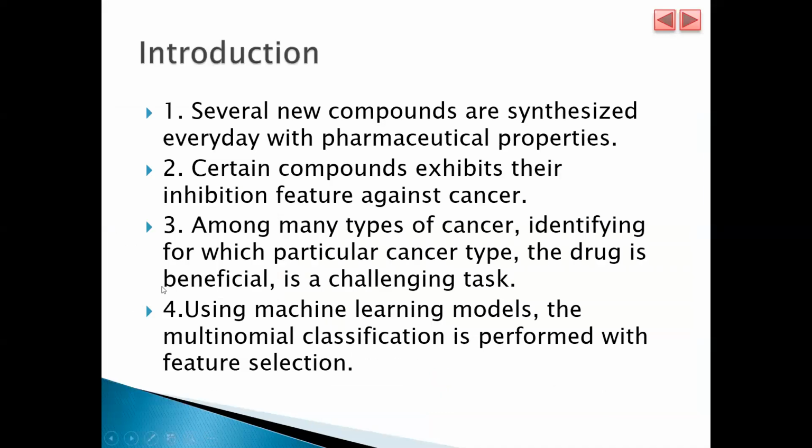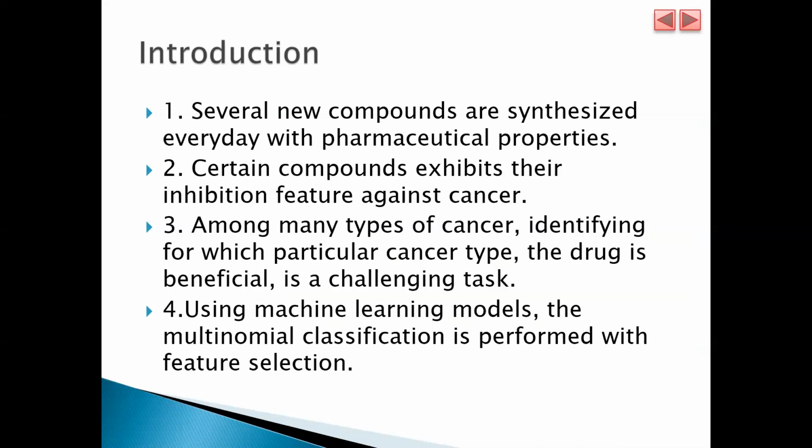In the introduction, several new compounds with pharmaceutical properties are being synthesized every day. Among those several drugs, a few will have inhibition properties against cancer. If we have so many drugs, the next step of research would be exactly what type of cancer it will benefit. But if I want a particular cancer, how could I find out that a particular drug will be beneficial?